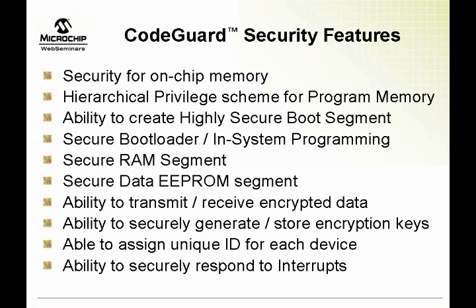Perhaps the ability to respond securely to peripheral interrupts while executing code in a secure segment of flash would be the most important feature in an embedded application. Typically, this is one of the backdoor entries Trojan horse programs try to take when they break your security. Some of the other features of CodeGuard Security include protecting data EEPROM on chip as well as RAM. We will see some of these features in a few slides.